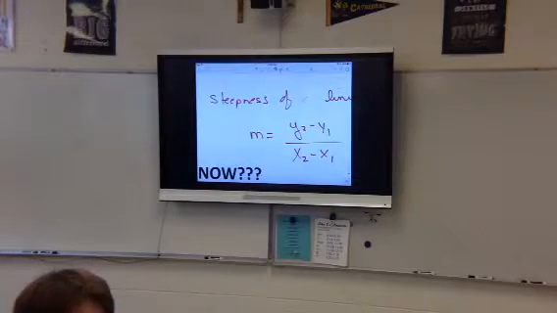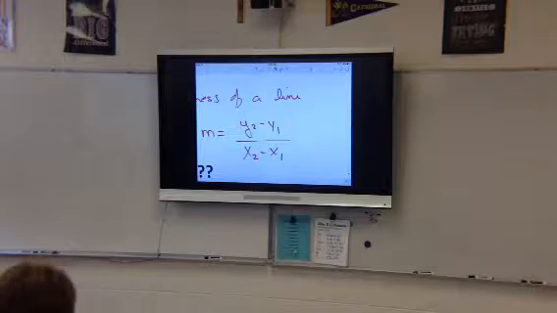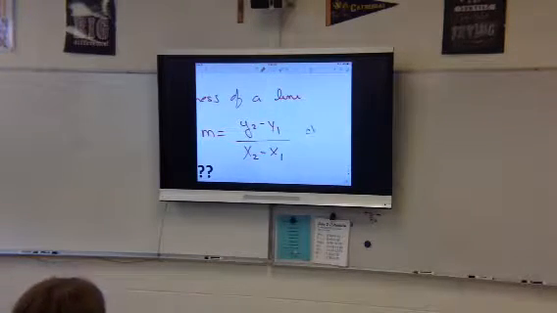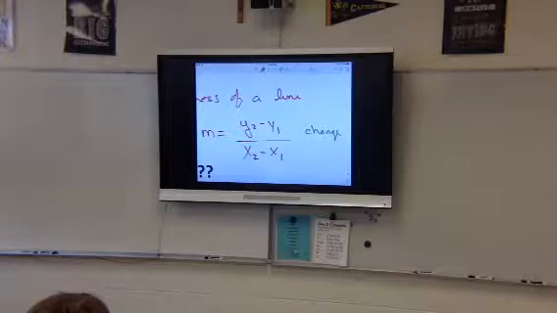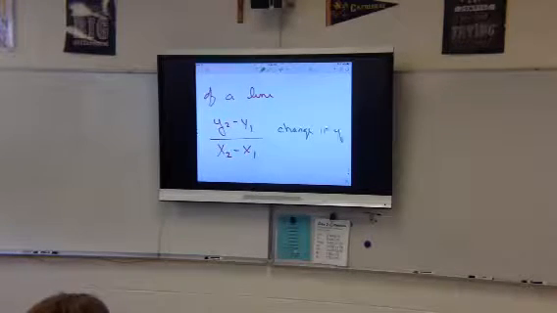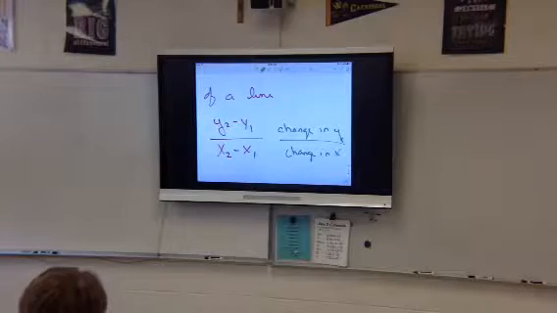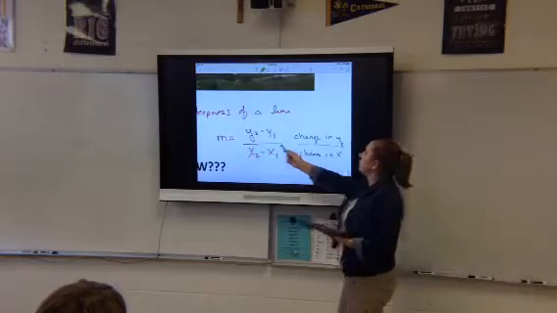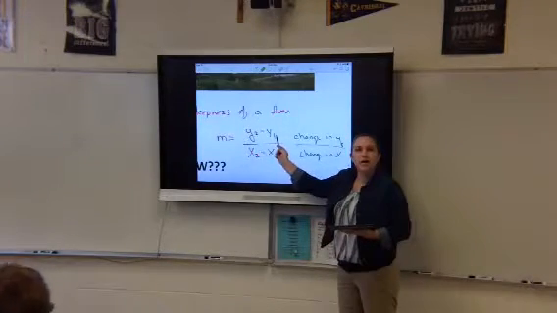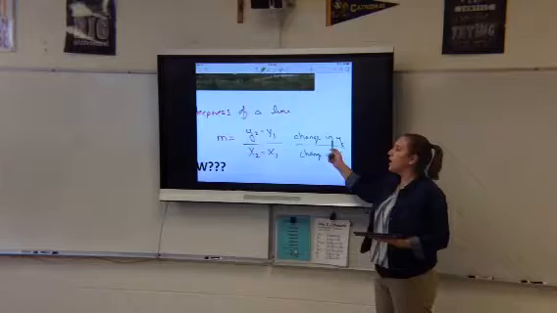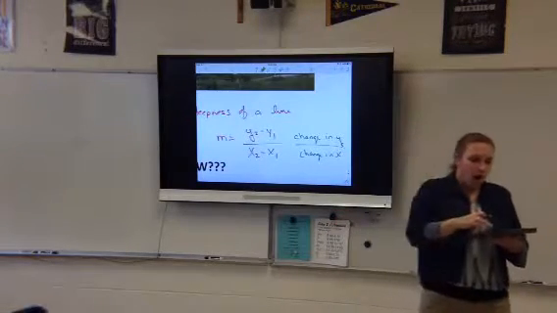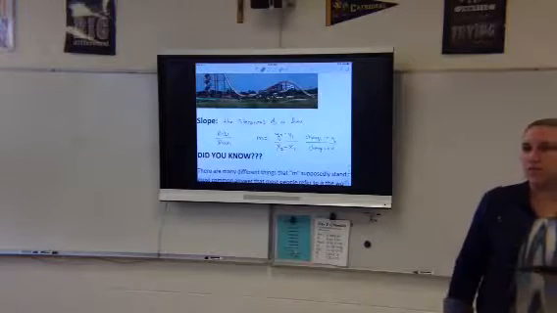Also in junior high, someone may have said to you at one point, change in y over the change in x. So mathematically, we're going to subtract our y values and subtract our x values. Or the change in y over the change in x is how you would say that verbally. All right, so there's kind of all the little bits and pieces you need to know about slope.